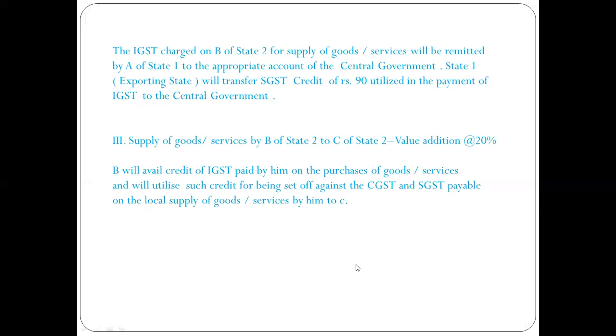The third case is supply of goods or services by B of state 2 to C of state 2, with value addition at the rate of 20%. B will avail credit of IGST paid by him on the purchases of goods or services, and will utilize such credit for being set off against the SGST and CGST payable on local supply of goods or services by him to C.